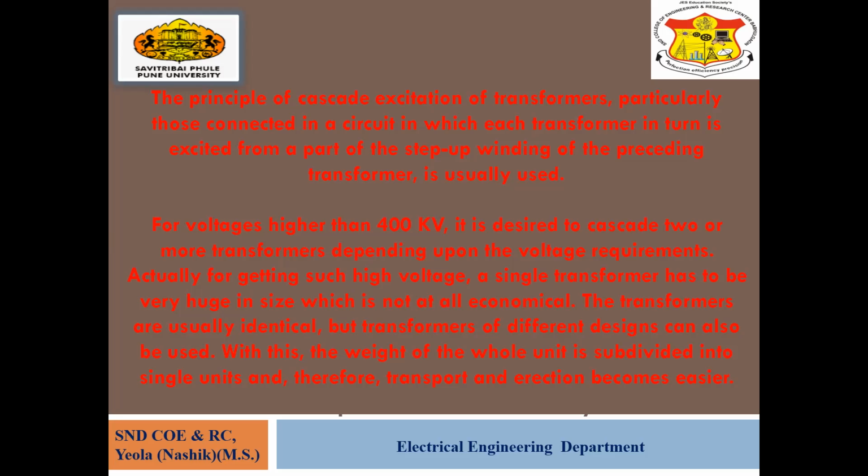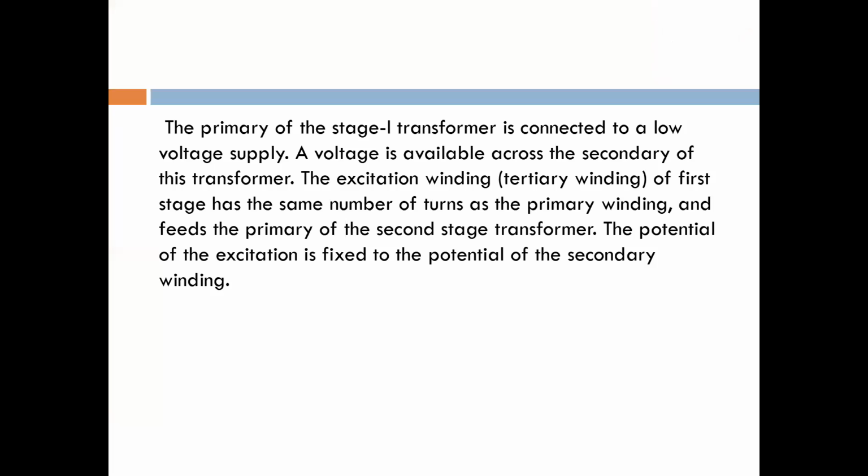It is manufactured at another place and transported to where we are going to use it. And the second point is the erection of the transformer: how to erect a single large size transformer. So considering this point, we are going to see the cascading of the transformer.